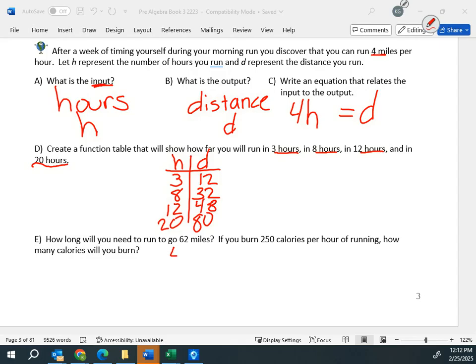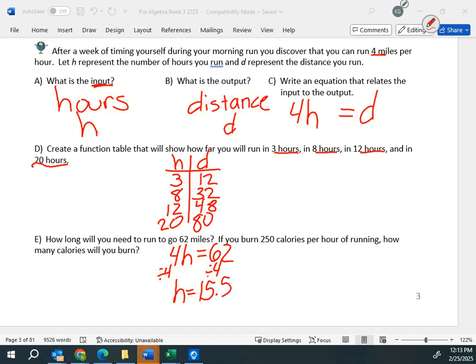Yeah, because it would be that 4h equals my distance of 62. I want to get the h by itself. I want to figure out that hours. So Hadley's absolutely right. Opposite operation, say I divide by 4. What is 62 divided by 4? Yeah, 15 and a half hours.